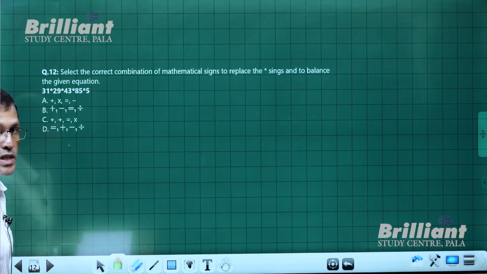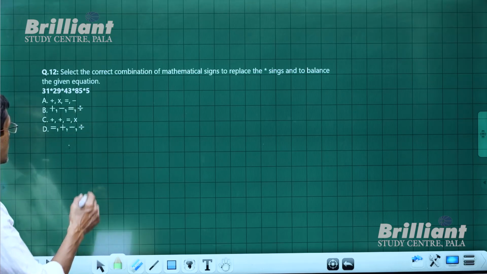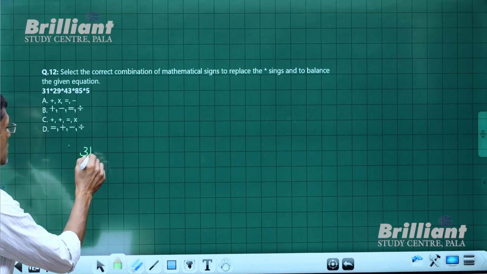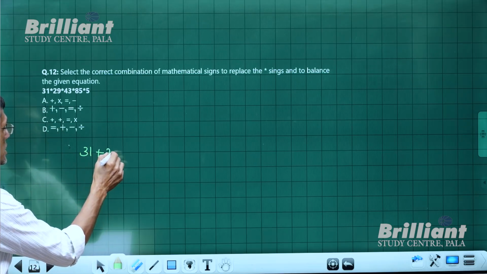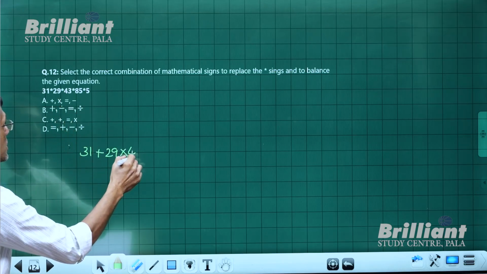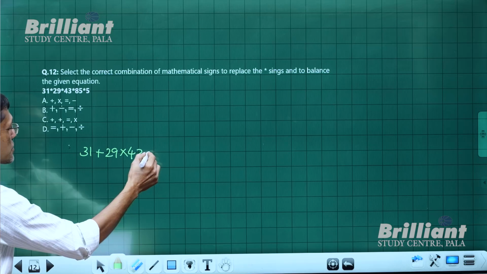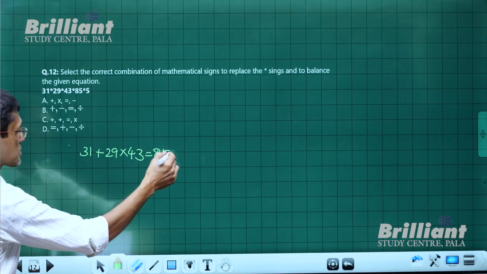Let's try this. 31, 29. We'll take the first answer choice: 31 plus 29, and here it's multiplication, then 43, then equal to 85, and then the last one is minus 5.